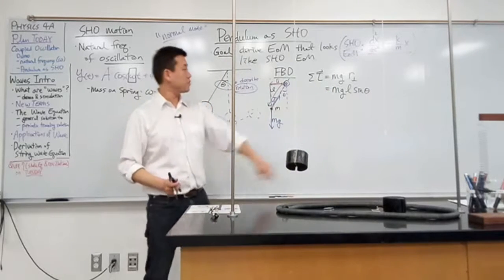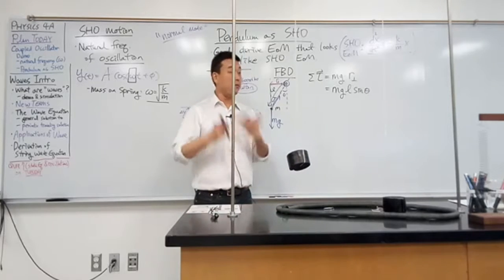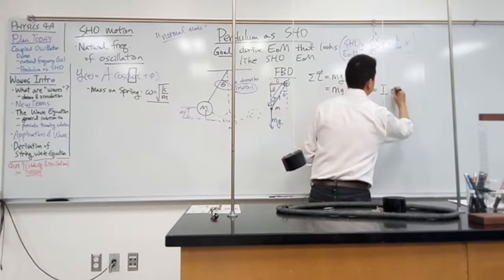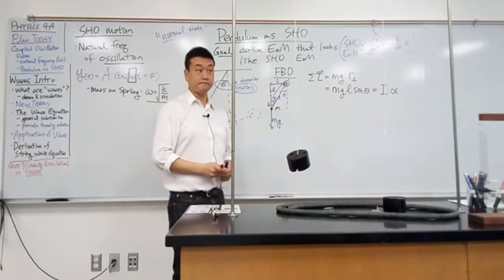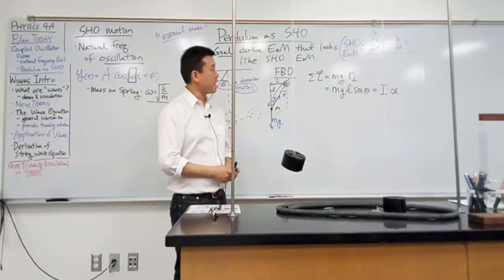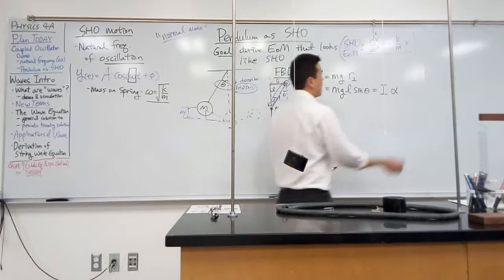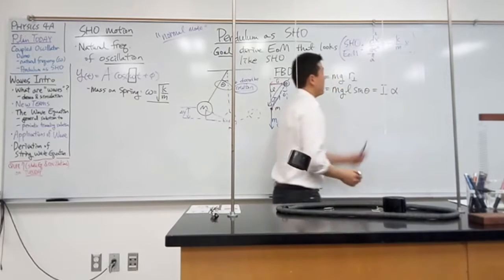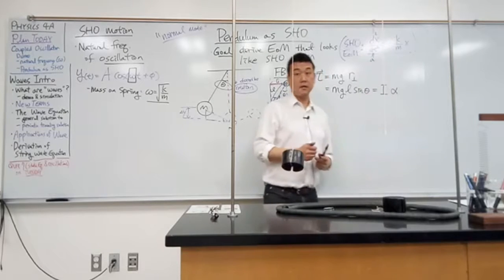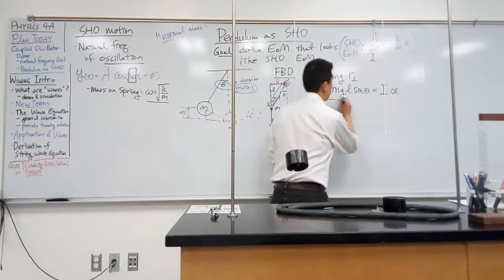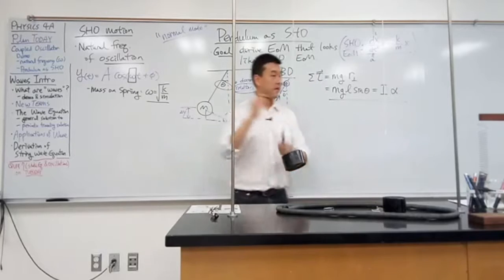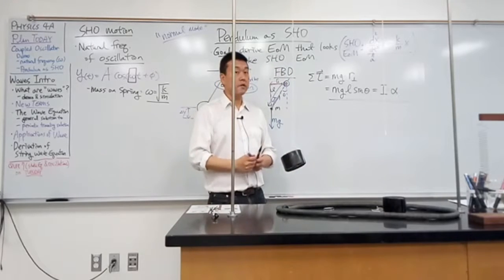I need to describe how this torque causes things to rotate. So this is equal to rotational inertia times angular acceleration. Good. I'm going to do the same thing I did last time. I expressed the acceleration in terms of position and time, because when you look at this as one equation, I have two unknowns now, theta and alpha, and I want to describe it in terms of a single variable.